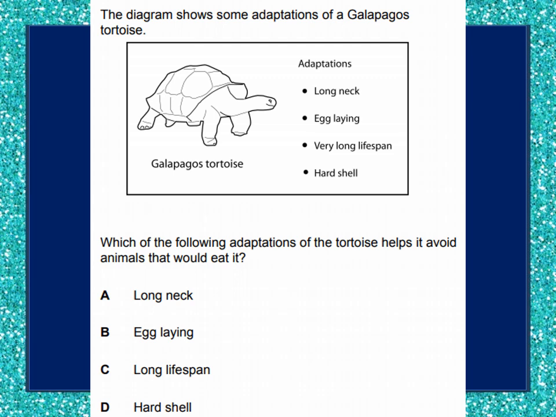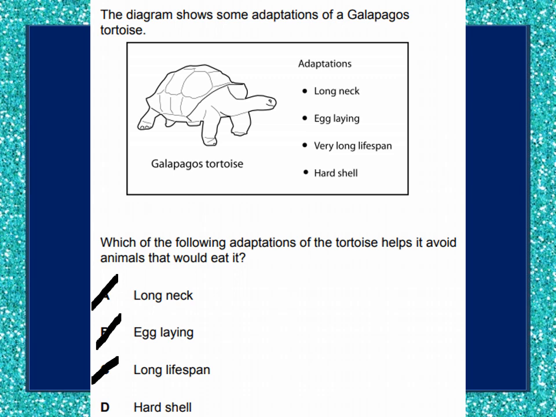So a long neck, that's not going to help avoid predators. So I'm going to cross that out. Egg laying, that's not going to help avoid animals eating it. A long lifespan, well, that has nothing to do with getting eaten by predators. Your life's not going to be very long if you get eaten.